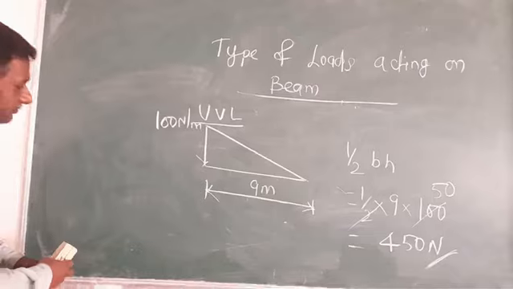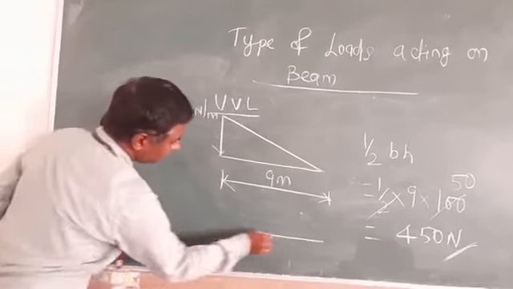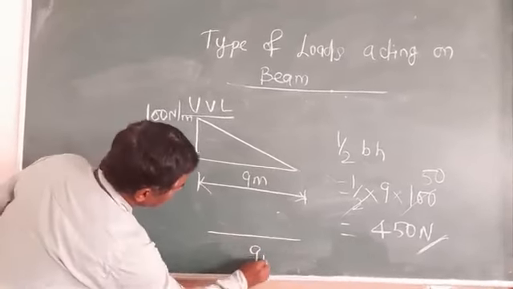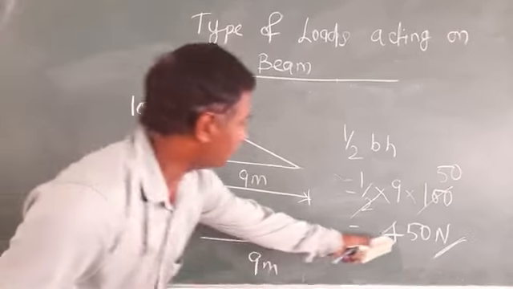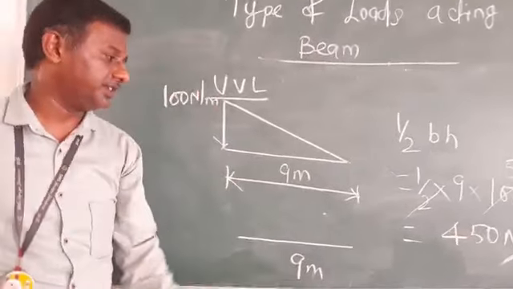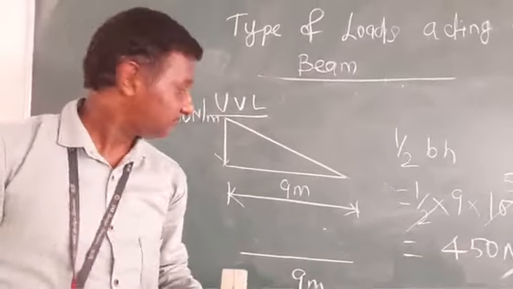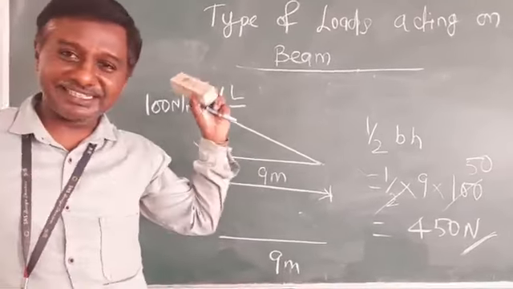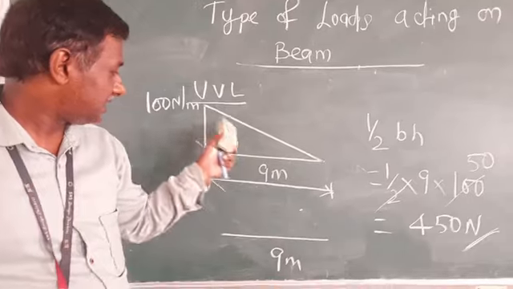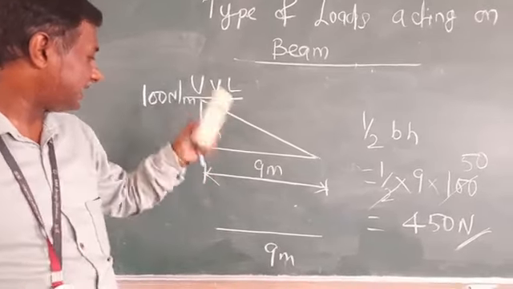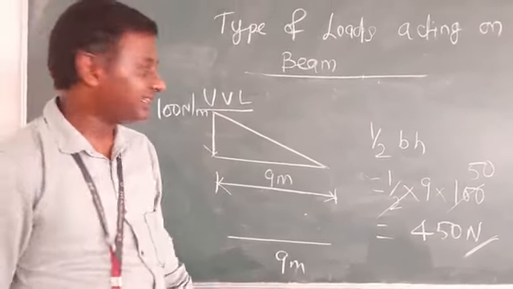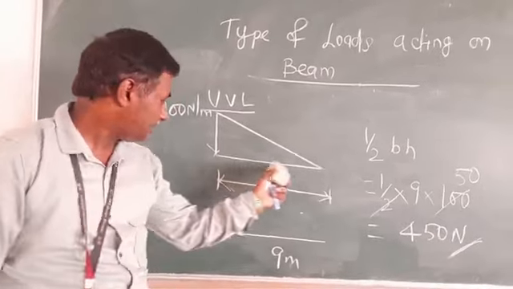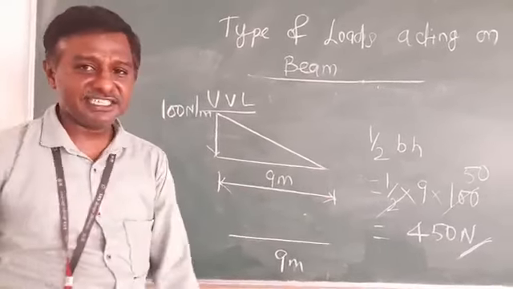Now I take this 9 meter and the point load to be considered as 450 Newton, and where it is acting, that is the question. In uniformly distributed load, it is acting at exactly the center point. But in UVL, it is considered as a right angle triangle. So how to find the centroid? We are considering only the x-axis, that is x bar.